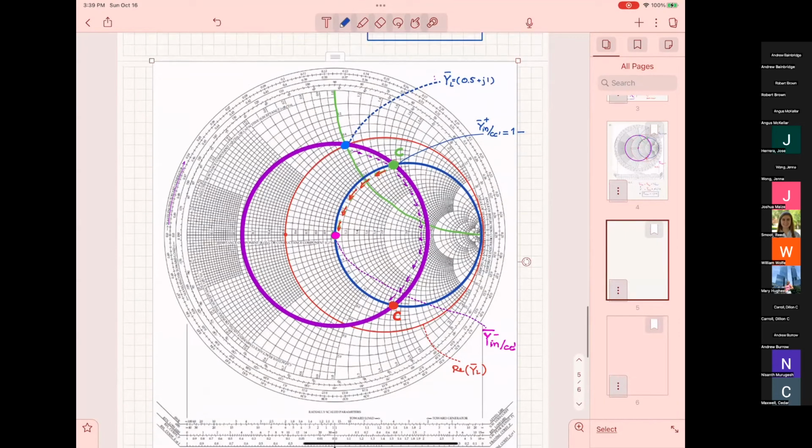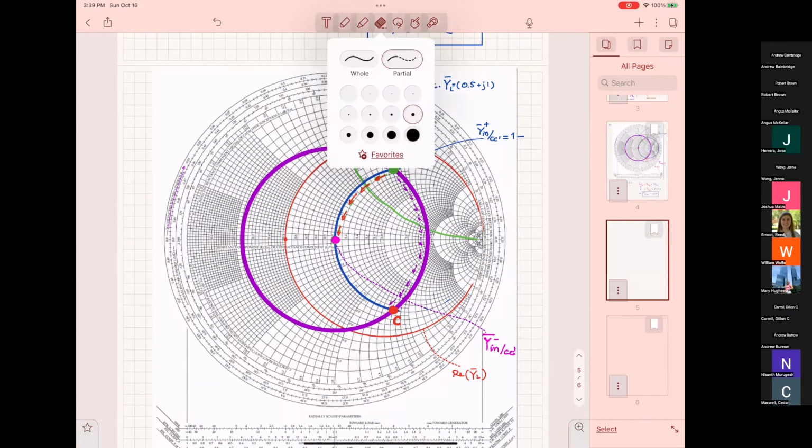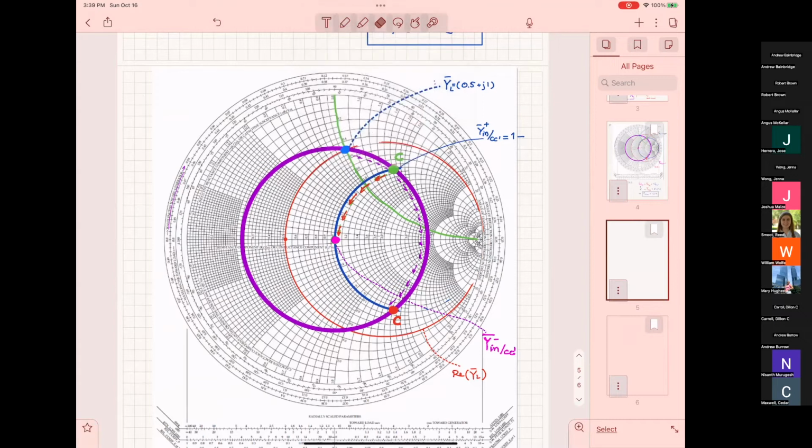So probably I will remove, let's do it partially, this part here. I'm going to remove all of this circle, because I don't need it anymore. This one, and this one, okay?